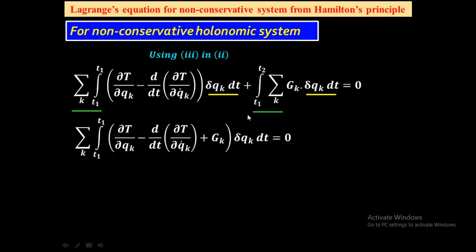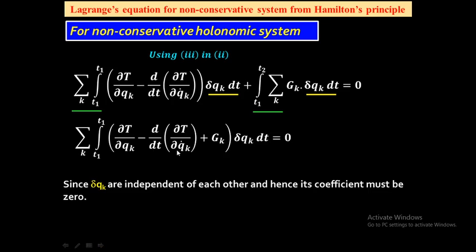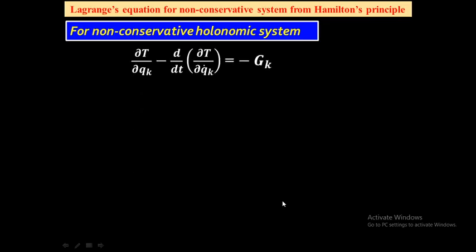Now since the delta qk are independent of each other, their coefficient must vanish, that is, the coefficient of delta qk, this bracket term, will be 0. Now we bring Gk to the other side: del T by del qk minus d by dt del T by del qk dot equals minus Gk.